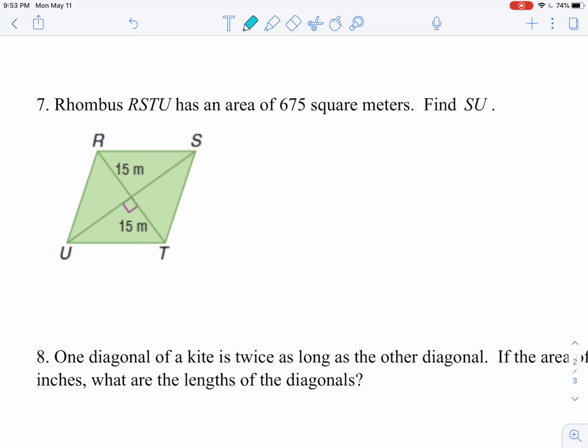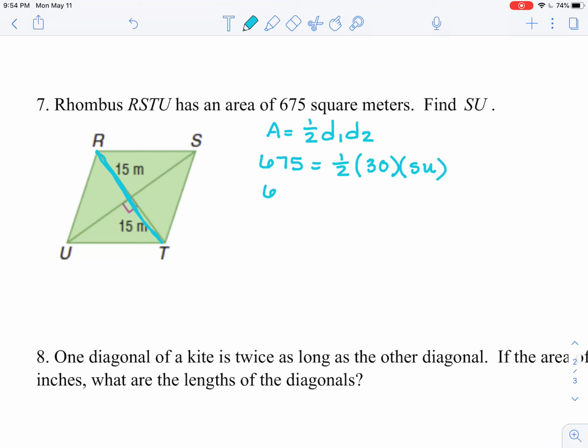Question number 7, we're given a rhombus. Again, we have the area of this rhombus. We have one of the diagonals. We need to find the length of the other. So like the last question, let's write down our formula. For a rhombus, that's 1/2 times diagonal 1 times diagonal 2. So 675 equals 1/2 times, our T is the diagonal that we have, so 15 and 15 or 30 meters long.